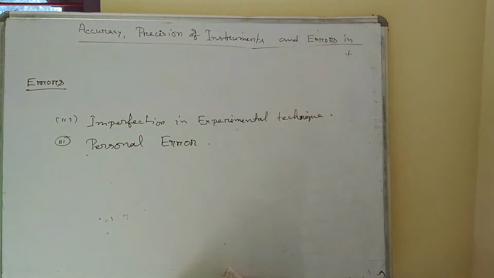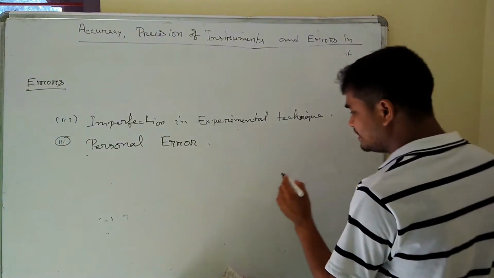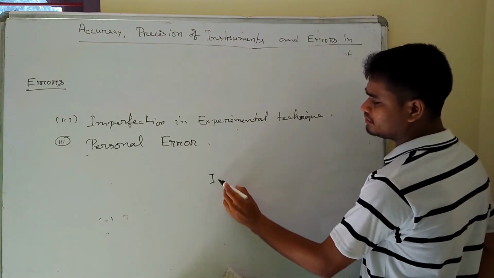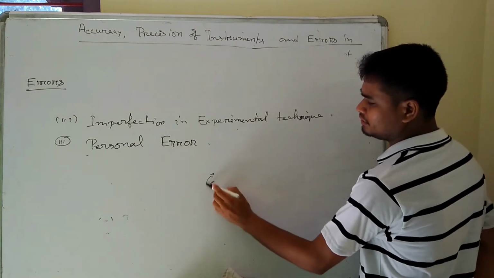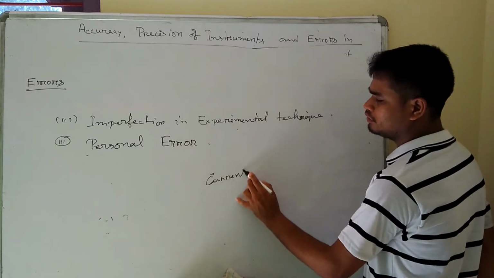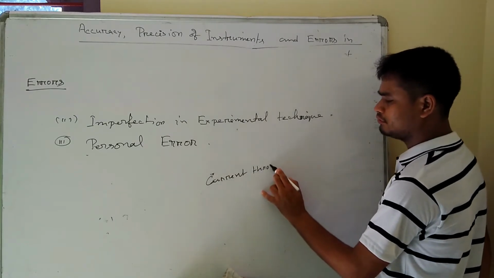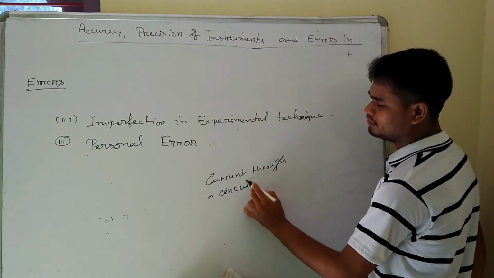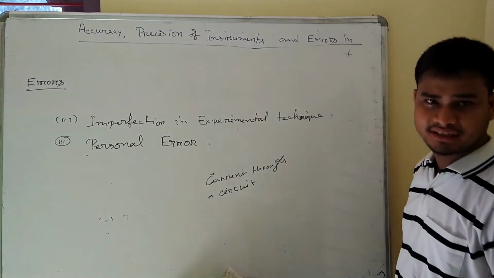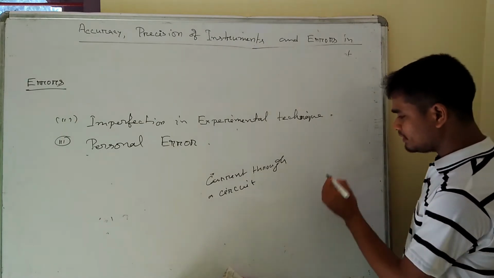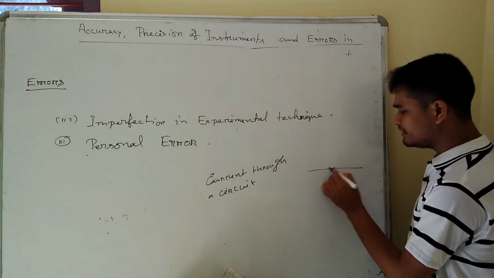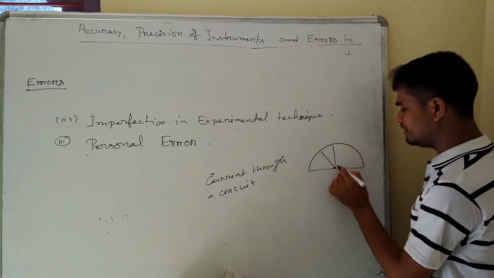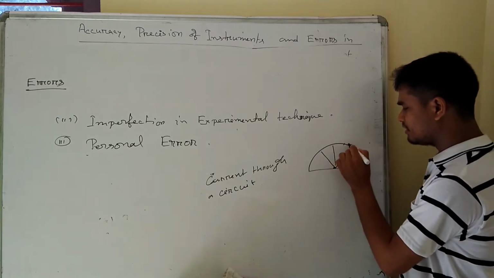For example, if we are measuring current through a circuit, clear? Then the ammeter reading will be like this. This is the ammeter reading. Okay, there are marks.